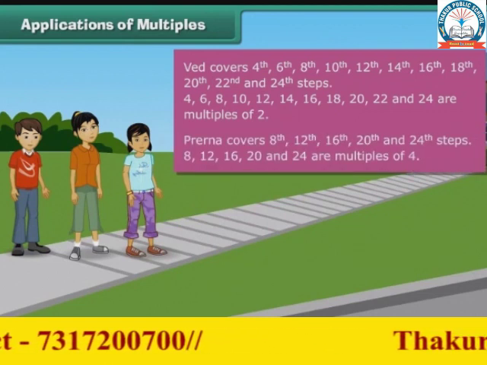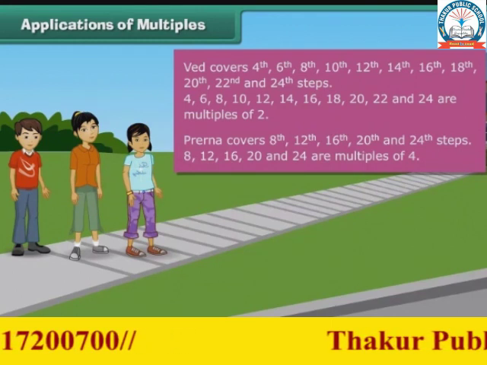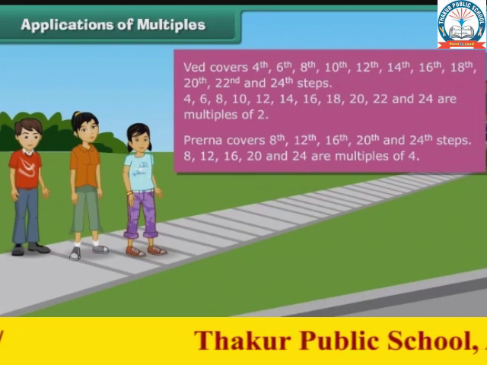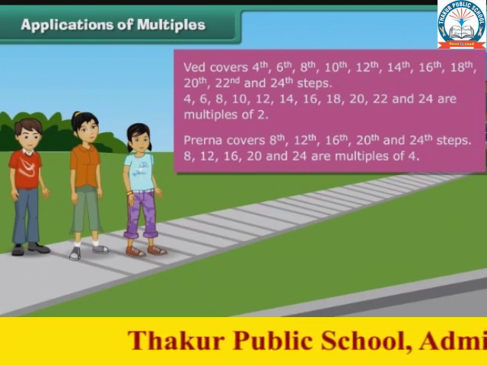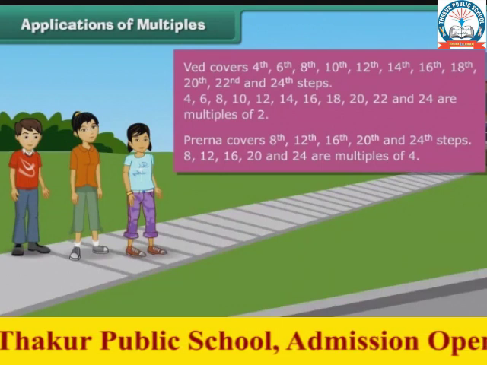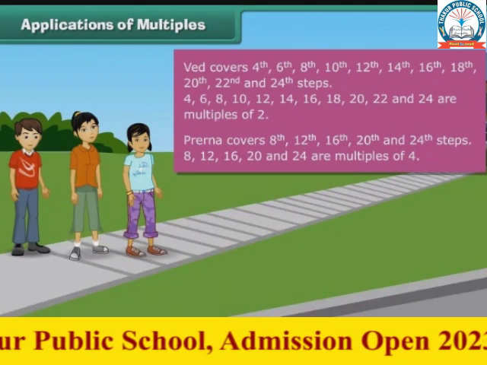Prerna covers 8th, 12th, 16th, 20th and 24th steps. 8, 12, 16, 20 and 24 are multiples of 4.